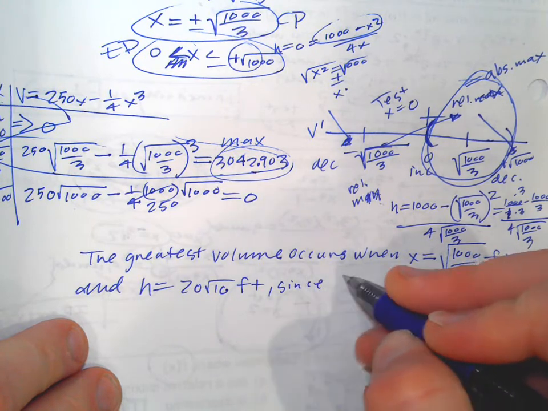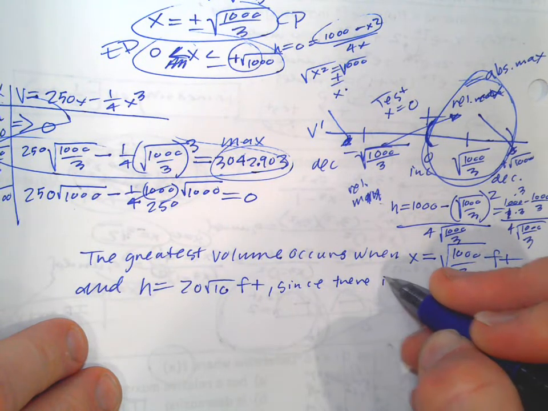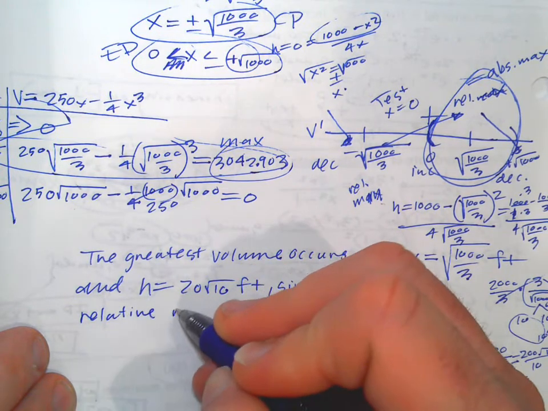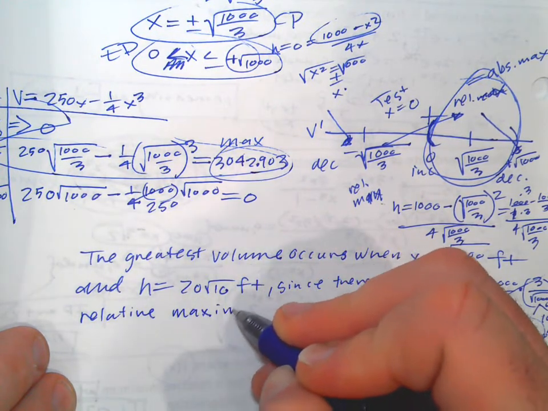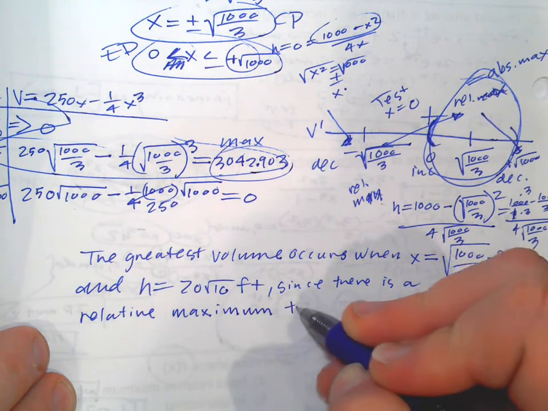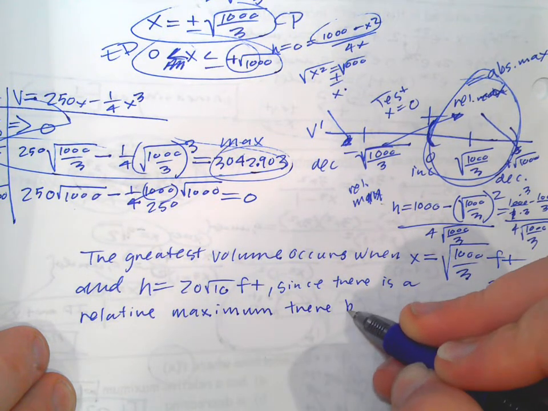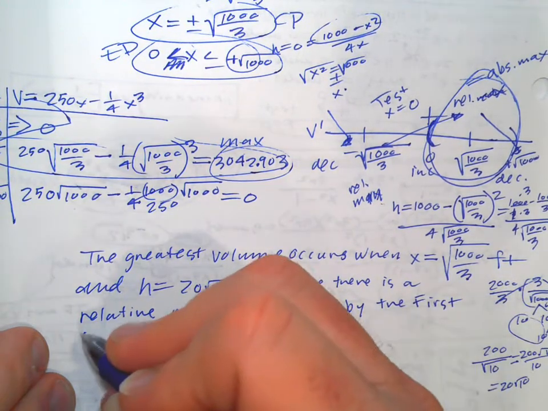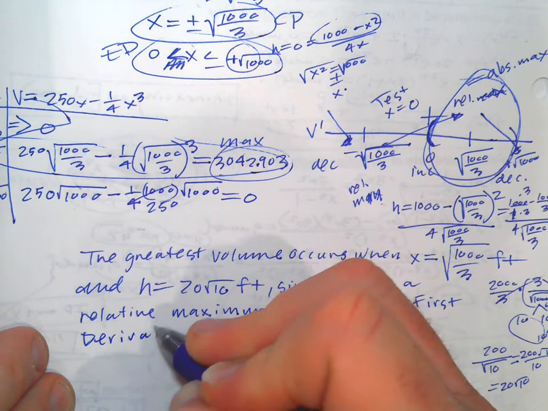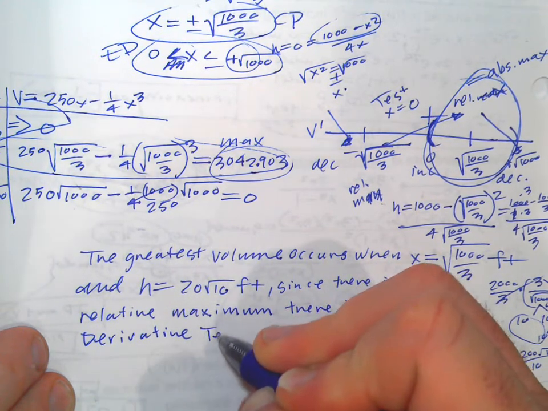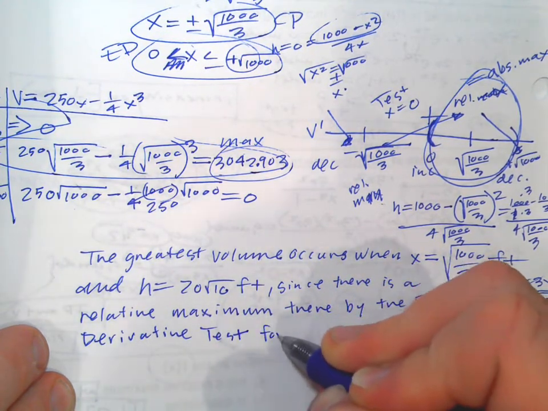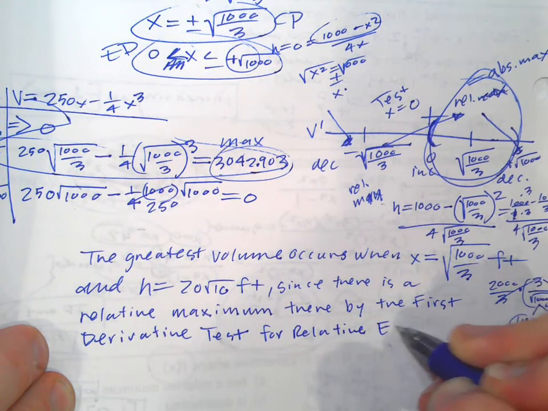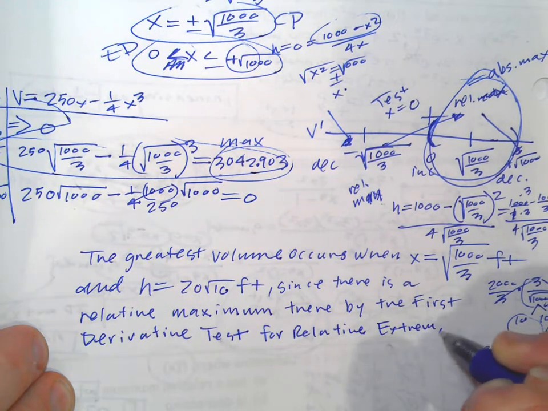Since there is a relative maximum there by the first derivative test for relative extrema, how?